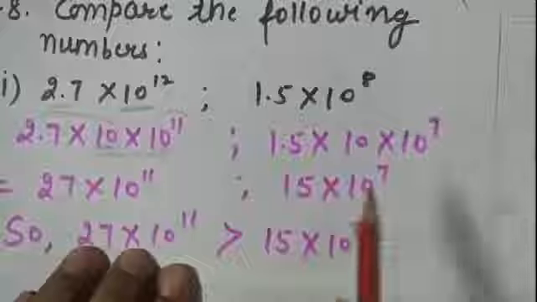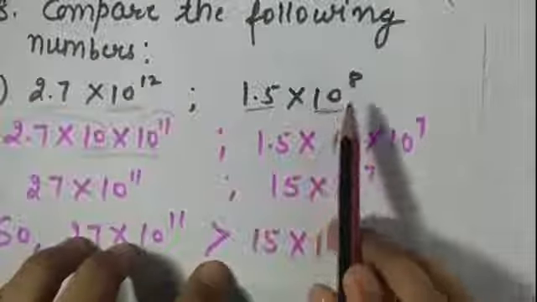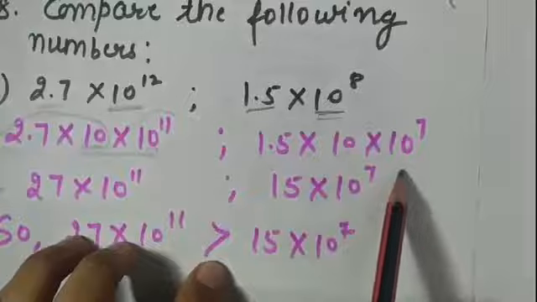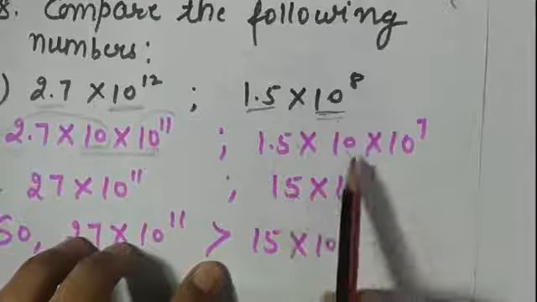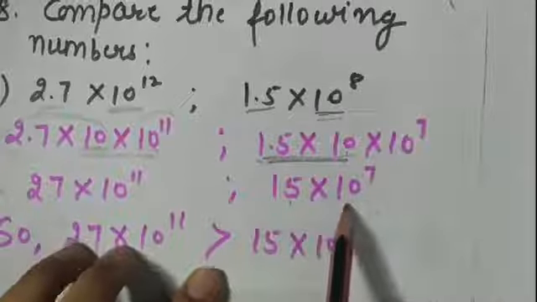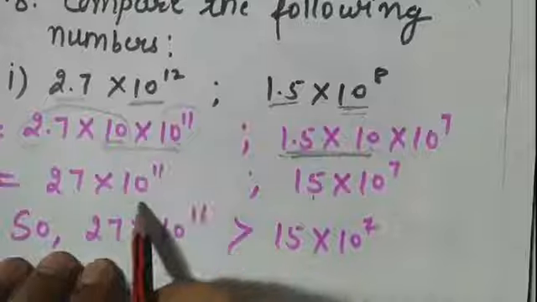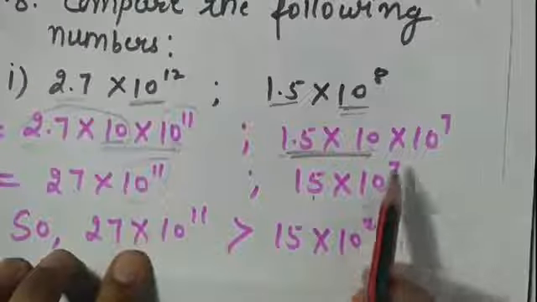Now come to this number. If I am removing the decimal, I will split this power. This can be written as 10 into 10 to the power 7. So it will be 15 into 10 to the power 7. Now here we have 10 to the power 11, and here we have 10 to the power 7.